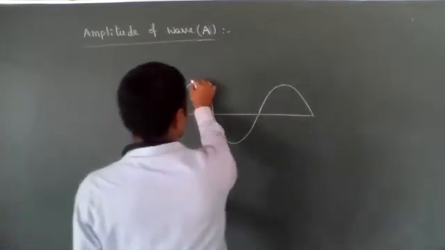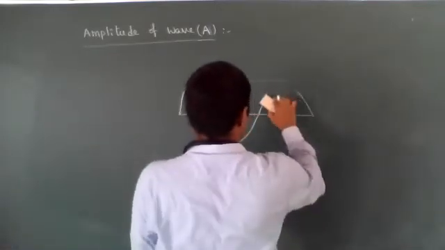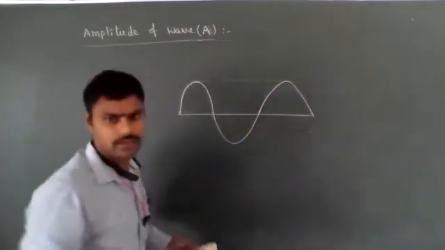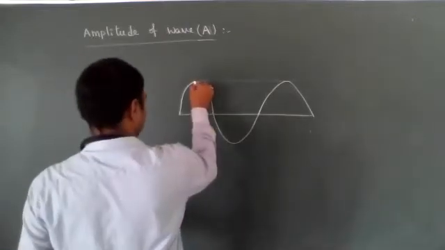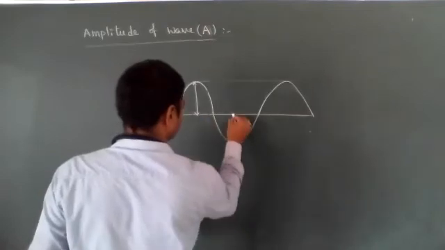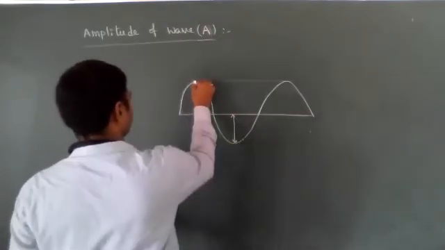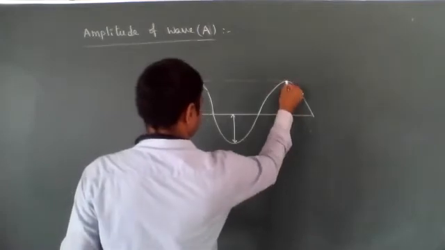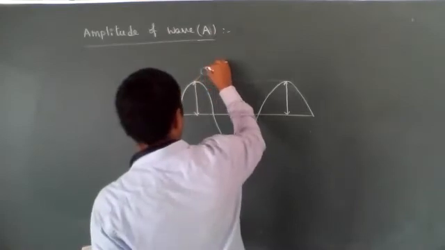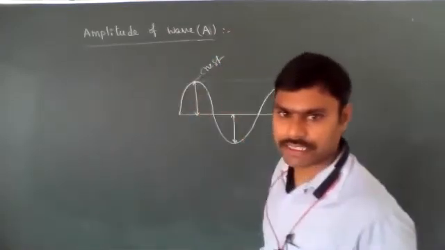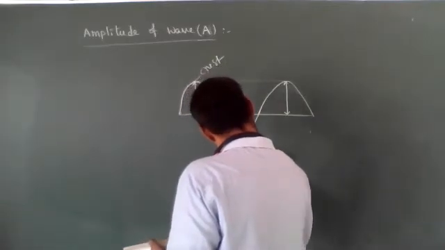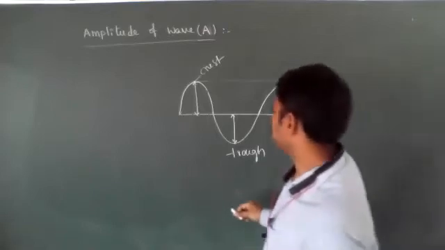The crest and trough must have equal heights and depths. This height is known as the crest, and this depth is the trough. The height of the crest or the depth of the trough is known as amplitude.